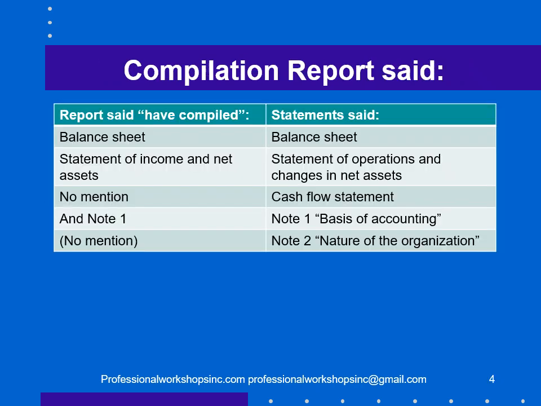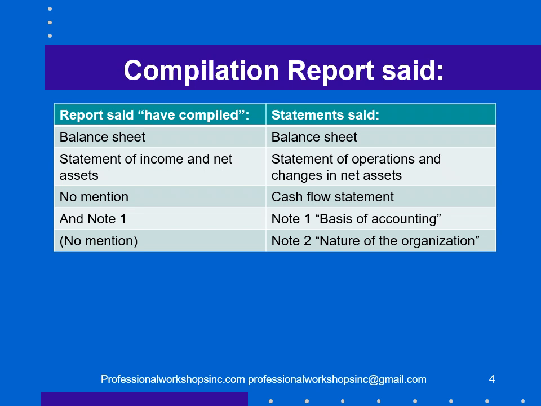So then I read the compilation report and the attached statements, and the report said that the accountant had compiled a balance sheet, and the first statement attached was a balance sheet. And then the report said that the accountant had compiled the statement of income and net assets, but the statement said statement of operations and changes in net assets.